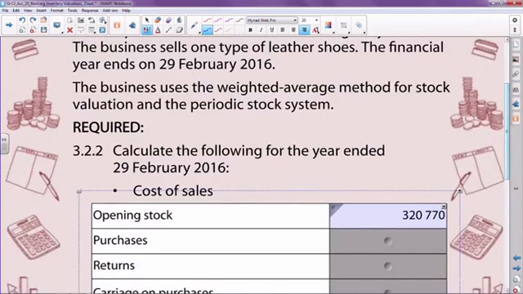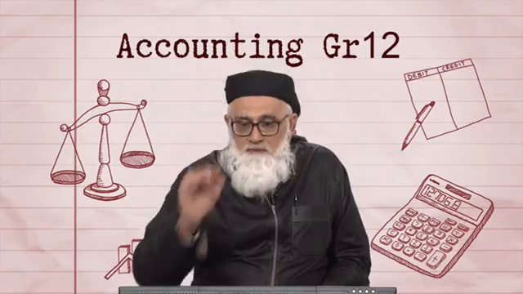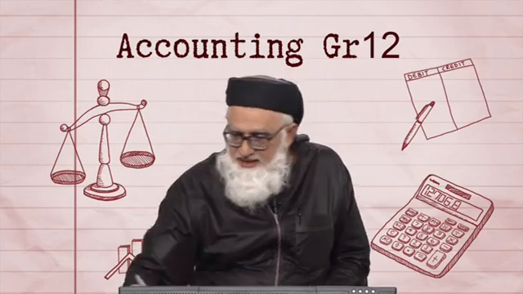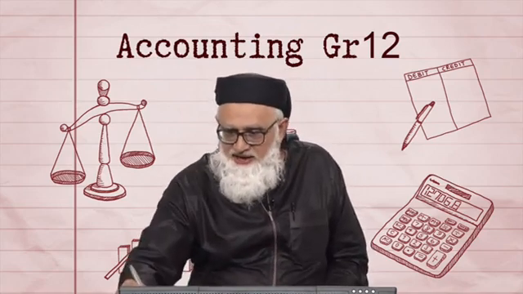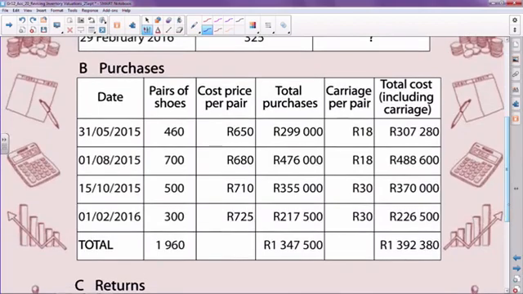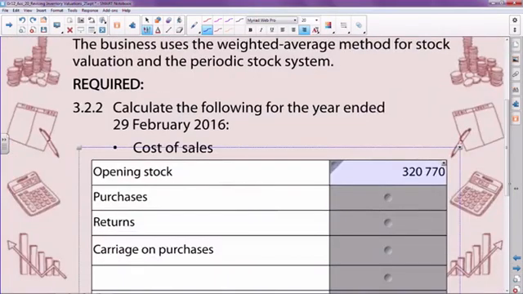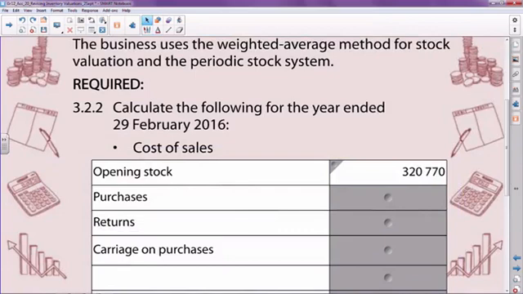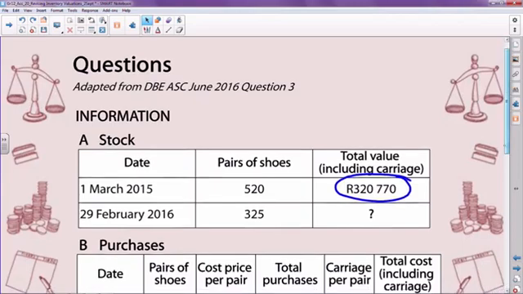Right, what do we add to it? To it, we add our purchases for the year. Right, and again, let's see if we can identify our purchases figure. Remember, we bought goods to the value of 1,392,380. Okay? Now watch this here.